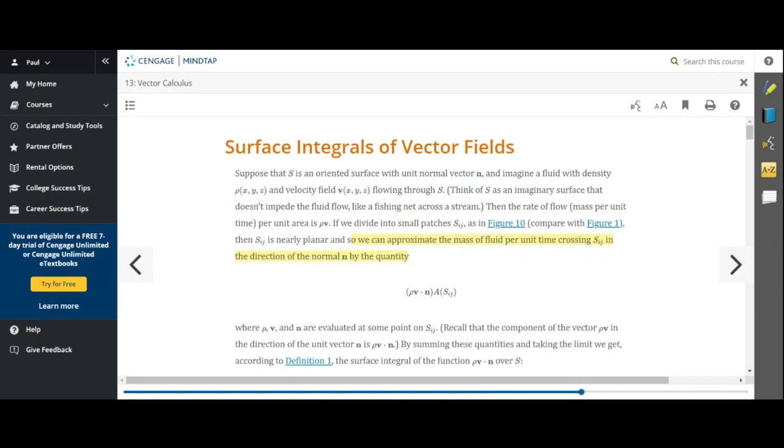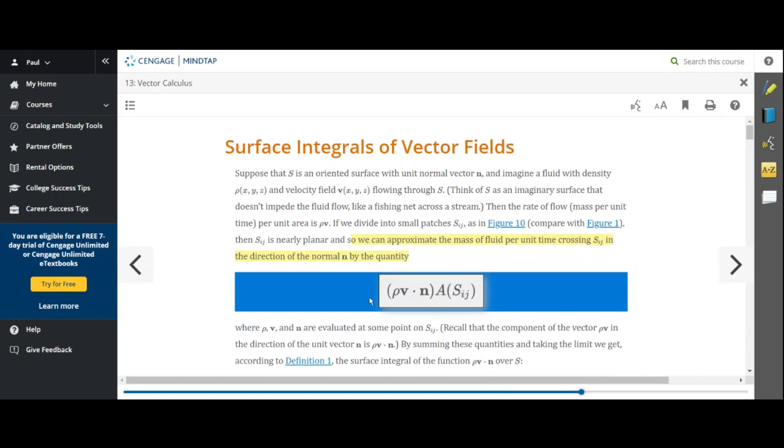Now, if we were to look at a bunch of different patches on the surface and add up those quantities for each patch, what kind of integral would we get?